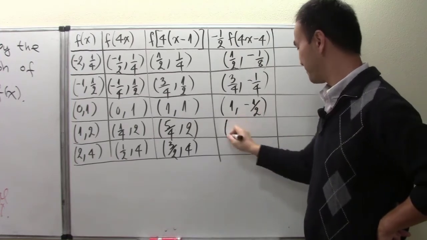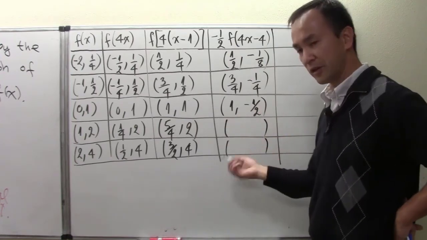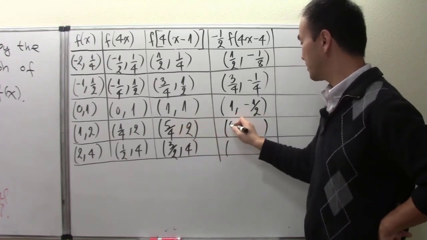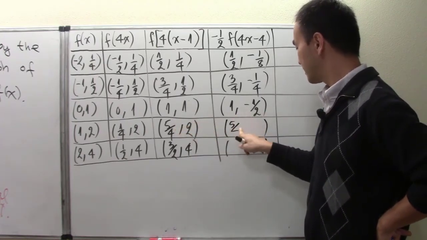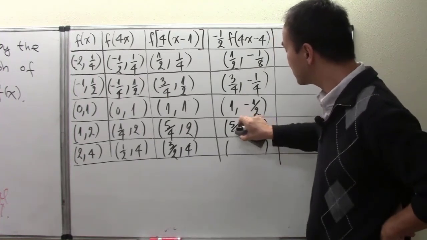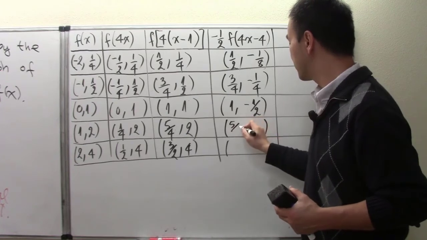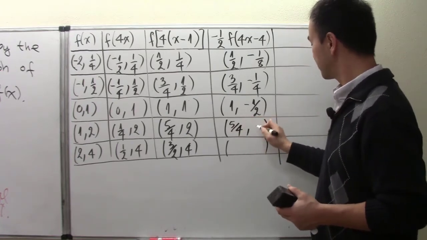And now I can start skipping some of those explanations. So 5/4 comma 2 is now transforming into 5/4 comma negative 1.